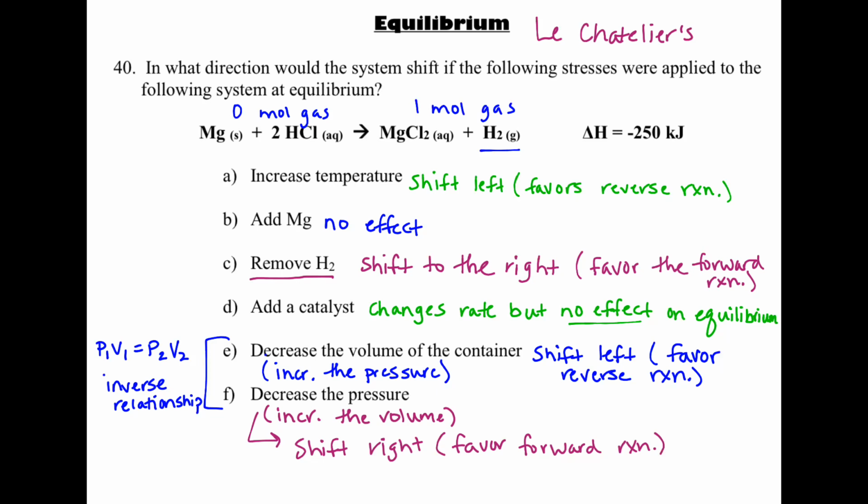Your options will always be shift right, shift left, or no effect. And it all depends on what the original change was. The system is going to do whatever it can to try to counterbalance whatever that change is. Okay, so think what happened, and then think how can I make the opposite happen by either going forwards or backwards. So that's the basics of Le Chatelier's principle.